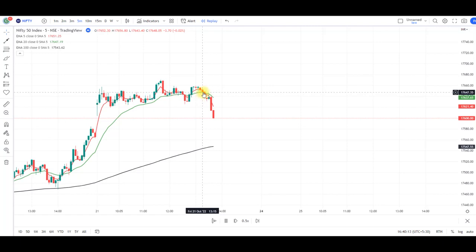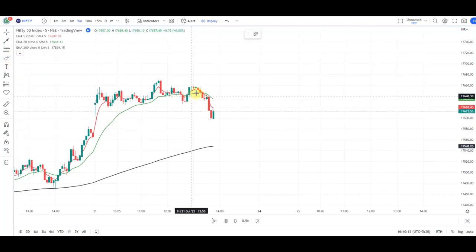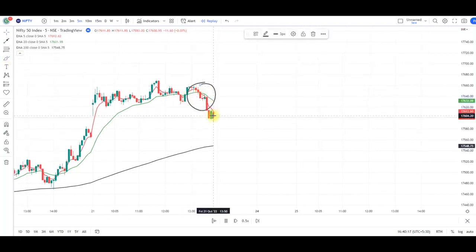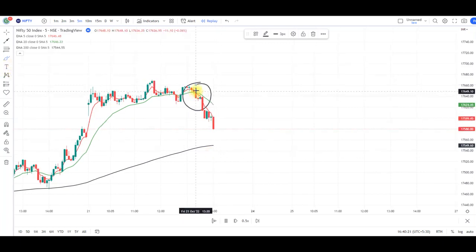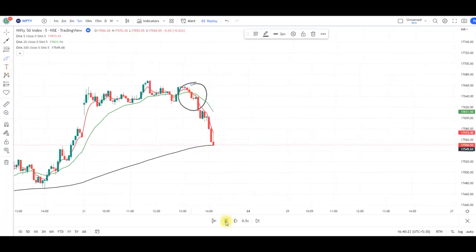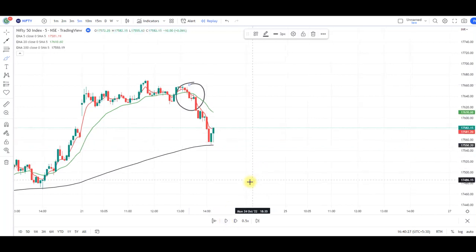After the crossover has happened here, the market has fallen down. The stop loss is the high of this red candle and the target is based on the risk reward ratio, or else if any green candle is closing above the 5 EMA, you can keep that as your target or trailing profits.